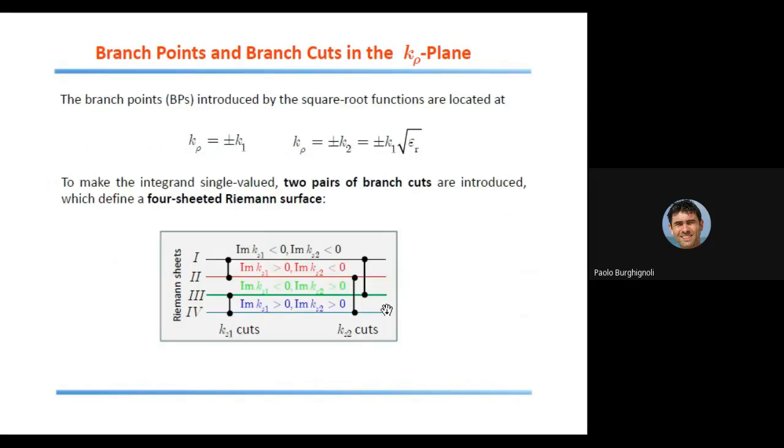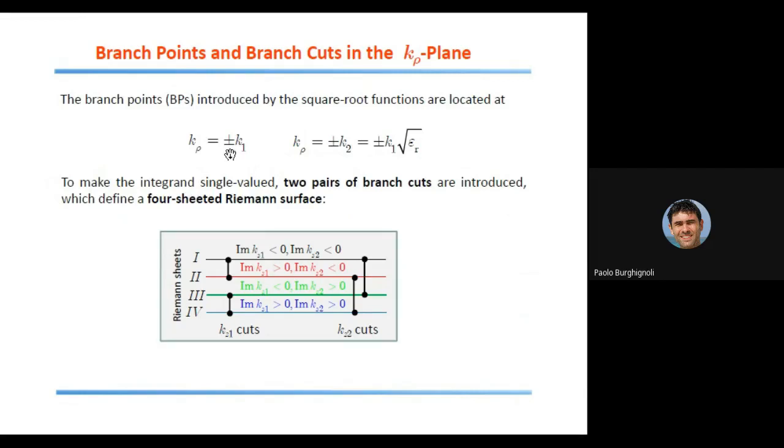In particular, those branch points are located at plus or minus k1, which come from the square root that defines the vertical wave number in medium 1, as well as at plus or minus k2, which come from the square root that defines the vertical wave number in medium 2. So we have two pairs of branch points, and to each branch point we have an associated branch cut.